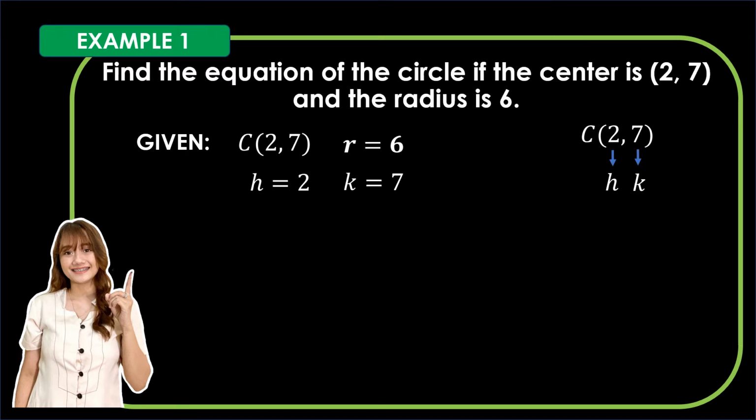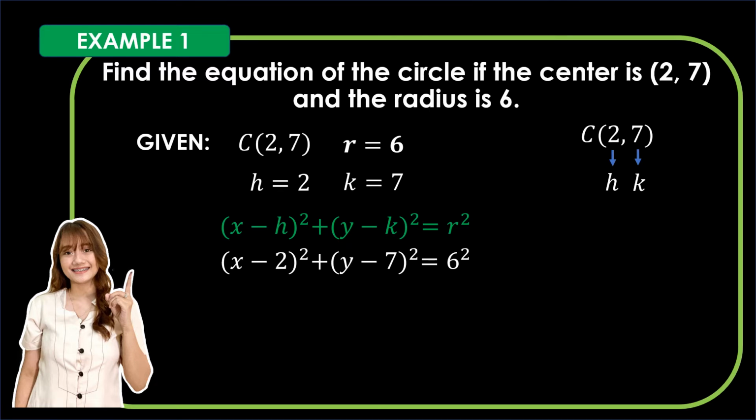Now, from the standard equation of the circle, we have the quantity x minus h squared plus the quantity y minus k squared equals r squared. We substitute the values of h, k, and r in our equation. We now have the quantity x minus 2 squared plus the quantity y minus 7 squared equals 6 squared.